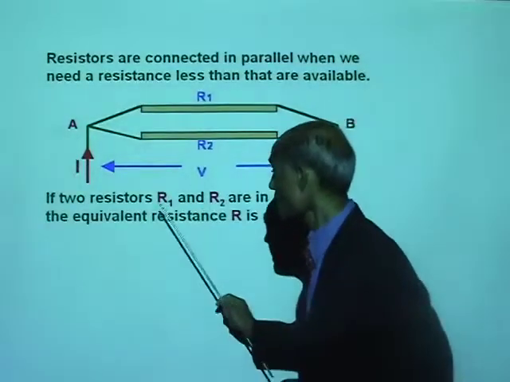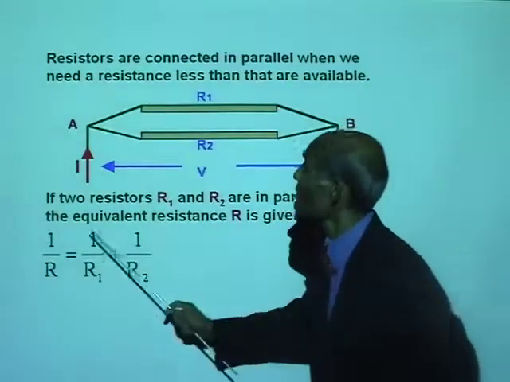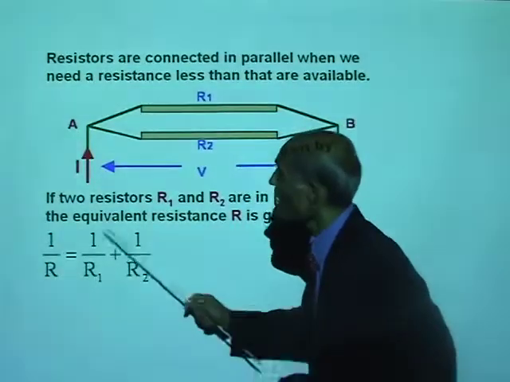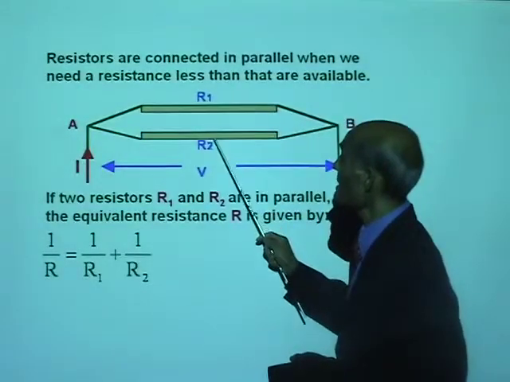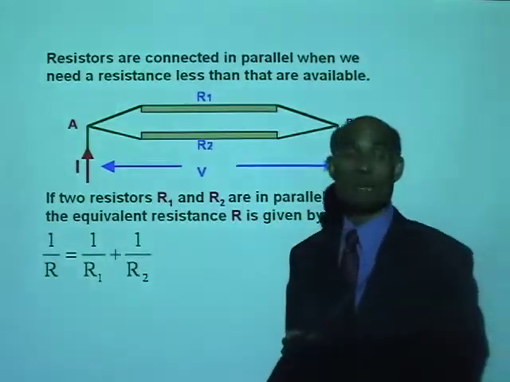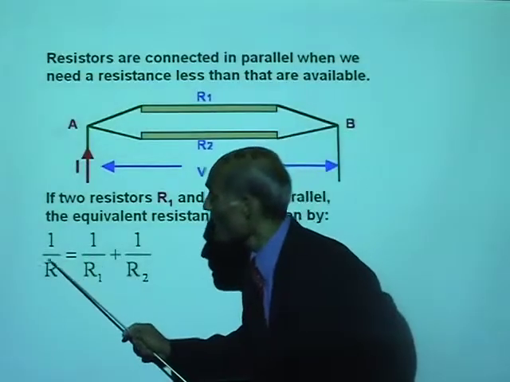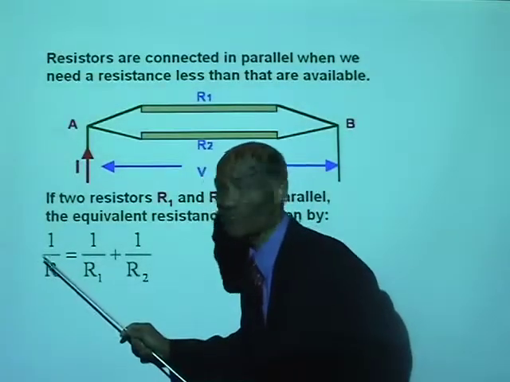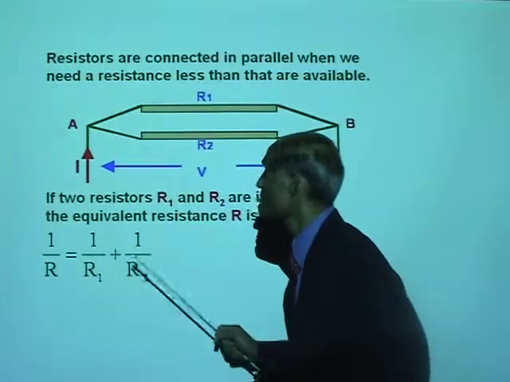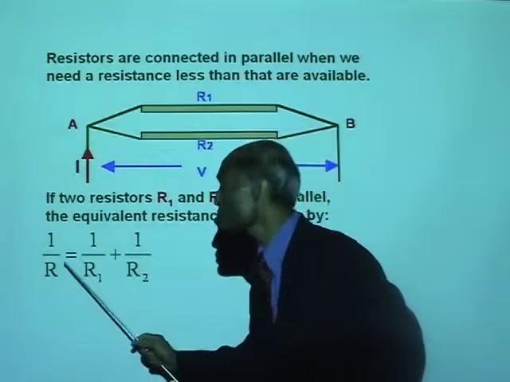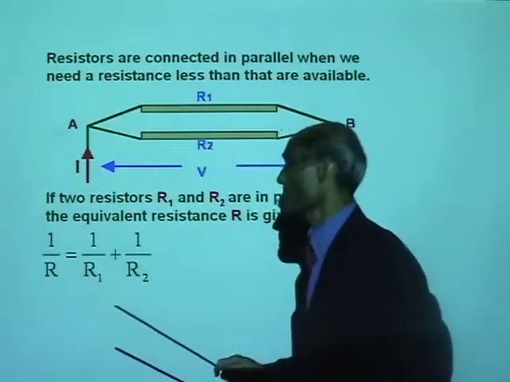Well, the total resistance can be obtained by solving this equation for R. If two resistors R1 and R2 are connected in parallel, and if R is the total resistance, then 1 over R equal to 1 over R1 plus 1 over R2. Can you solve this for R?